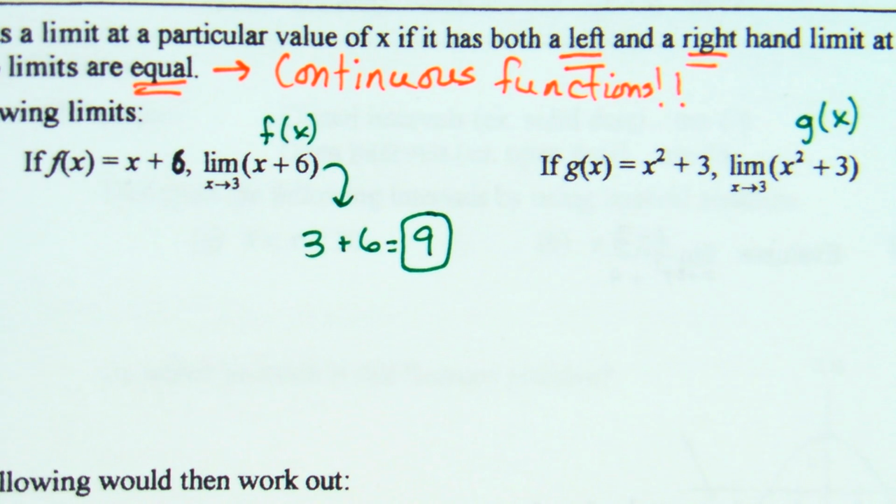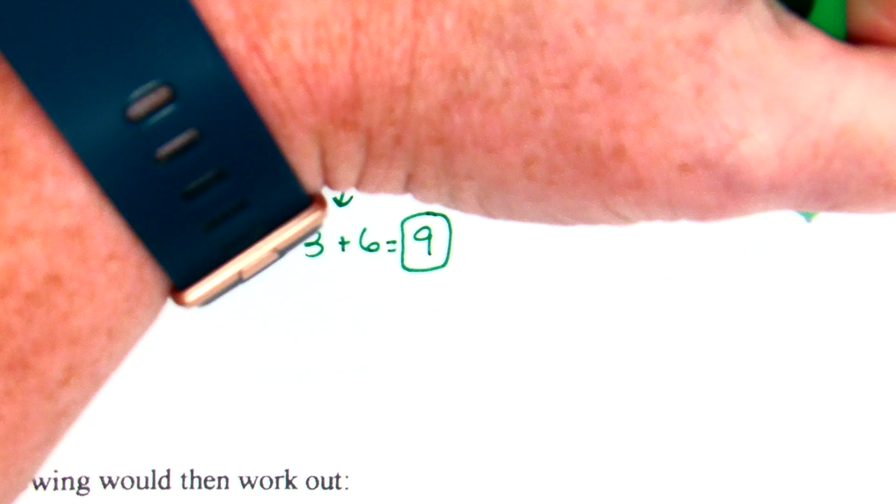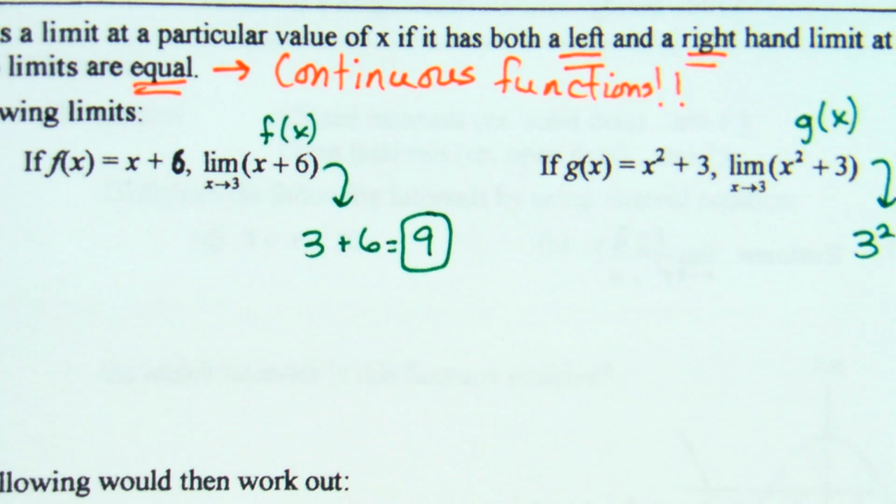It's not a straight line, but it's continuous. So plug in 3: 3 squared plus 3 is 9 plus 3, which is 12.